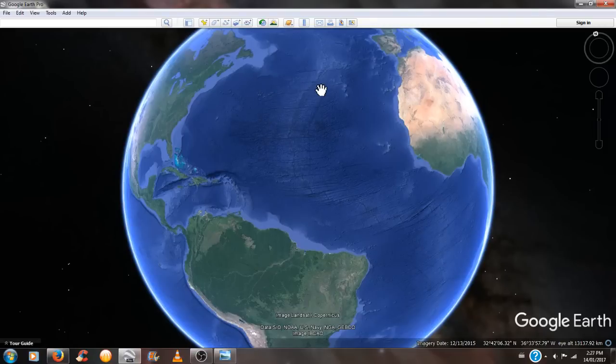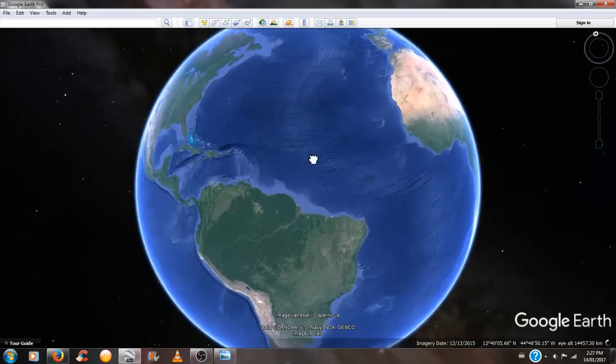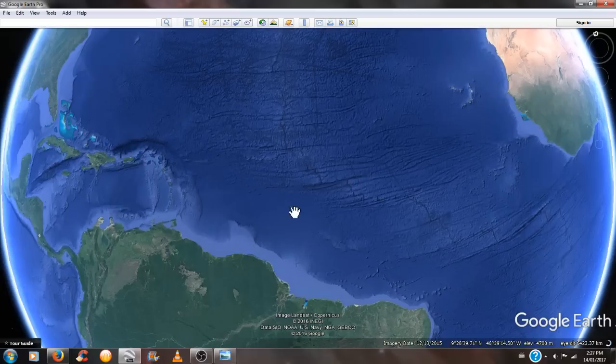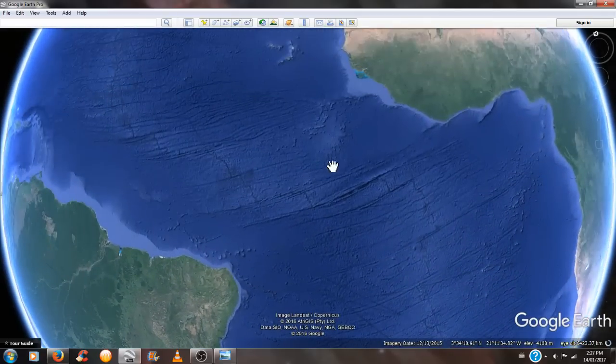Right? So this is because it is growing from these center points, cracks. Okay, and when you zoom in, you can see the lines, right? On either side. This is where it's growing and spreading, and it goes all the way around the planet.